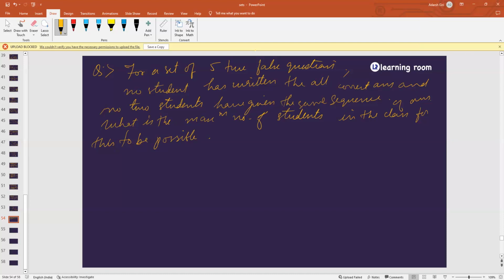This is a good question. Try to solve it as homework. We'll be solving more questions related to permutation in the next class.